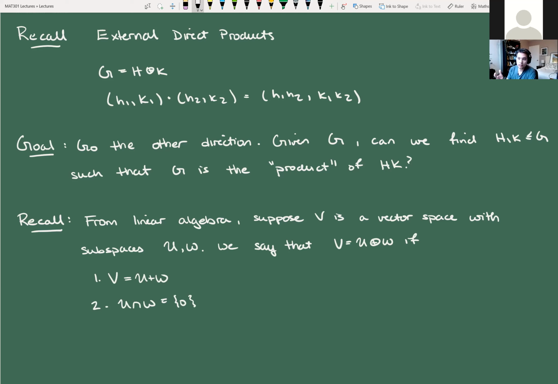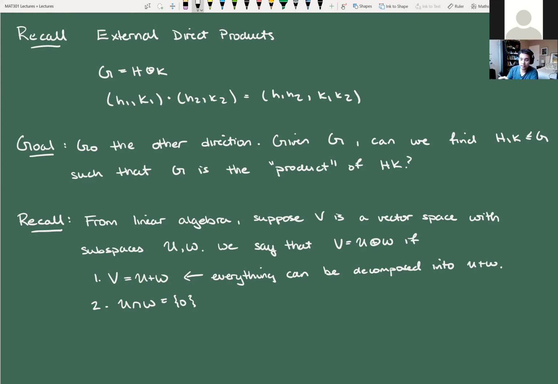Right? And basically what this told us was the following. The first condition said every element in V can be written as a sum of U and W, which was important, right? So everything can be decomposed into U plus W like that.